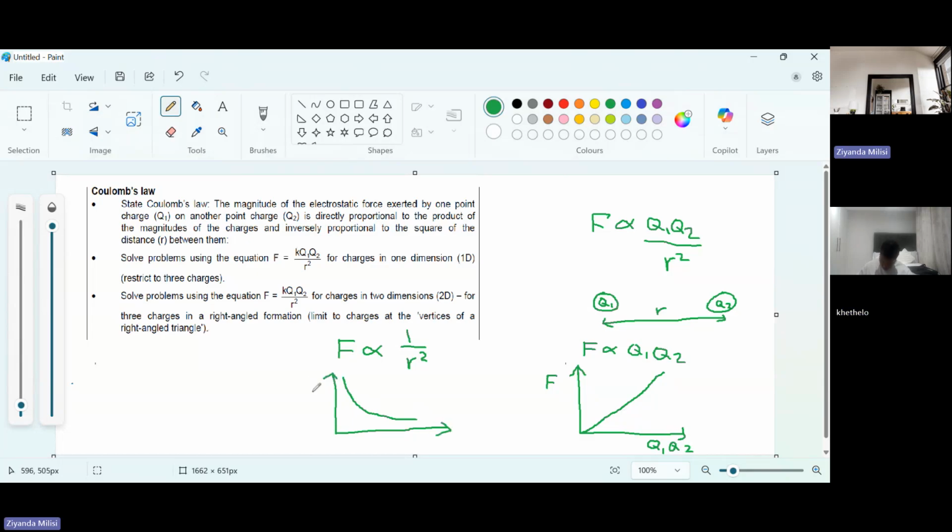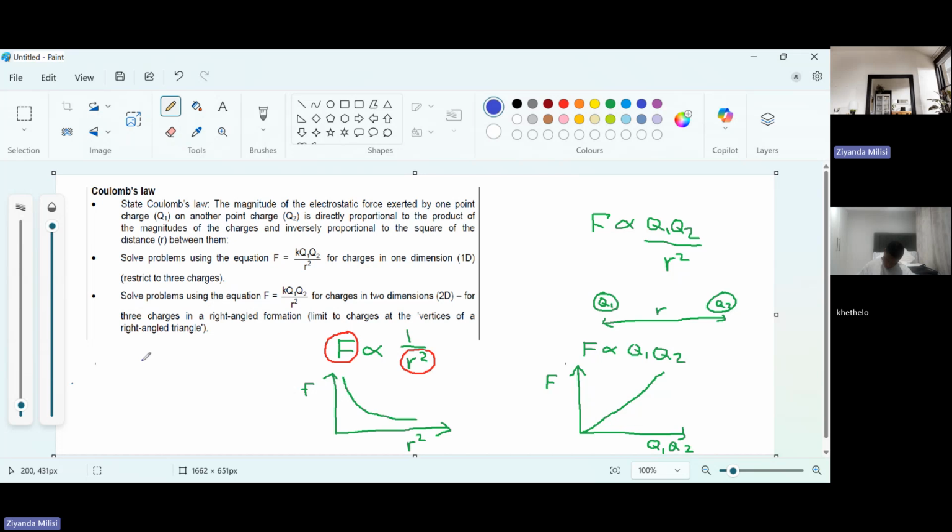You will have your F again as your dependent variable, and you will have here your r squared. Your focus is strictly F and r squared. They are inversely proportional. But we can easily turn this graph around and make it a direct proportionality graph.